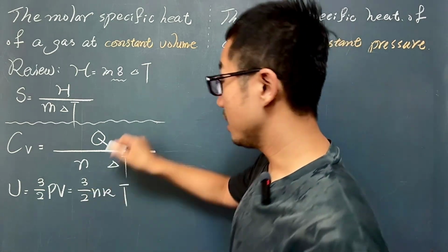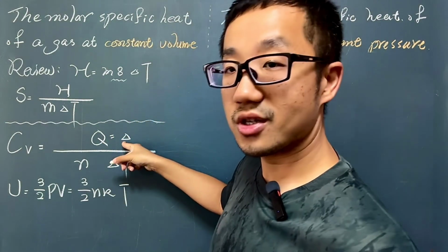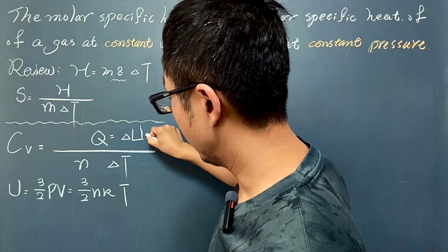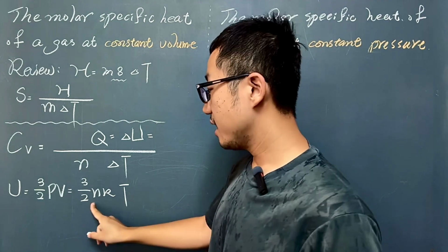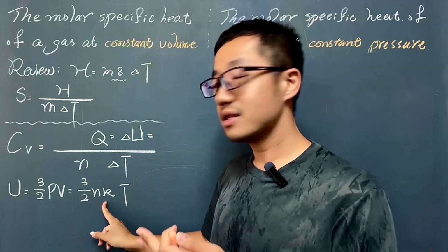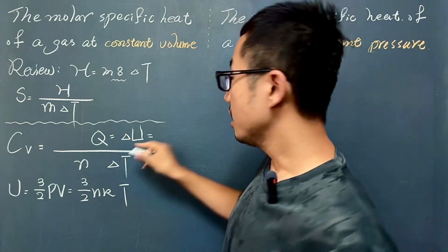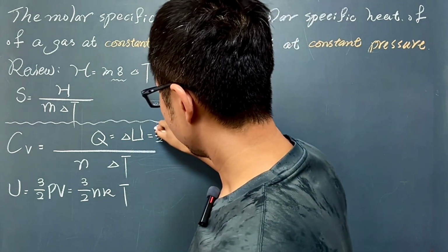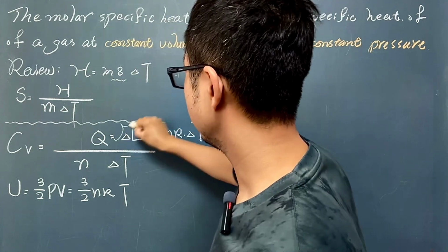That means the energy you are now absorbing is equal to the change in internal energy. And the internal energy is 3/2 nRT. The n and R are constants. So if you want to express the change in internal energy, it should be written as 3/2 nR times the change in temperature.